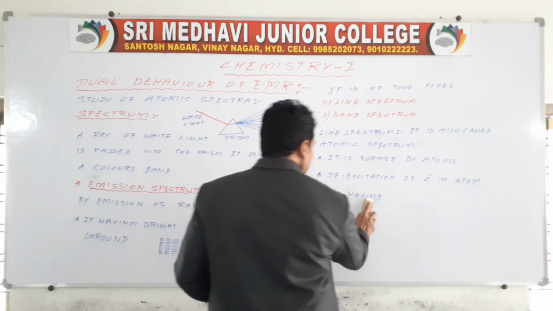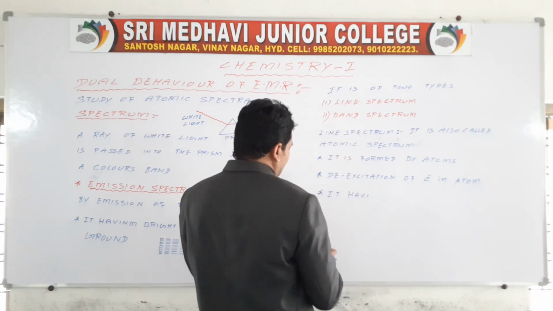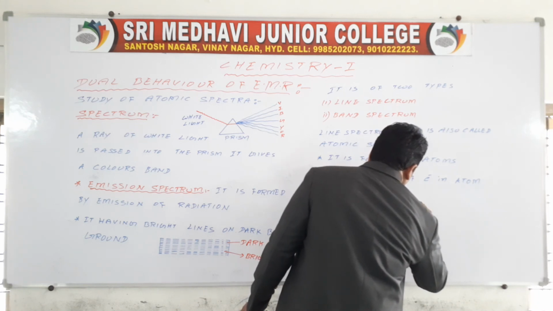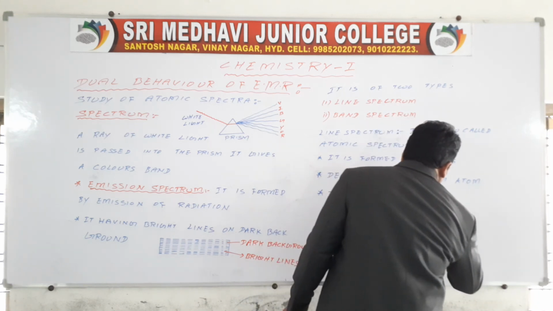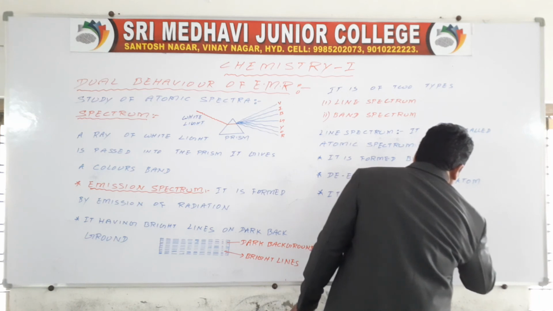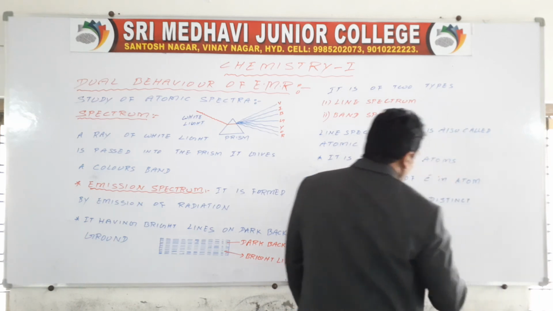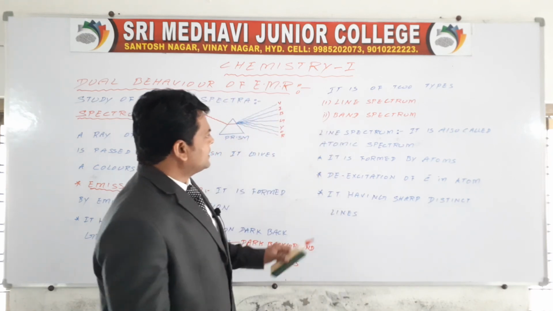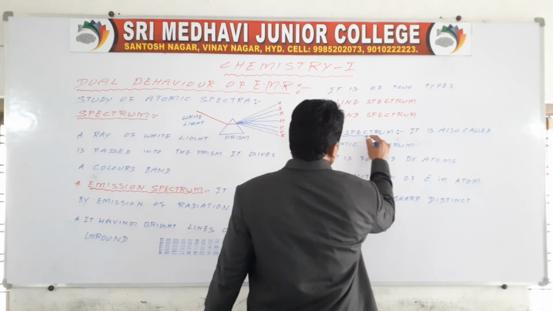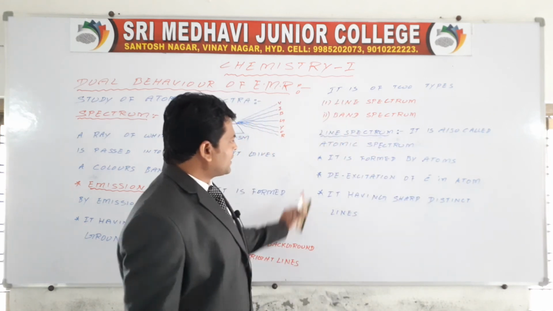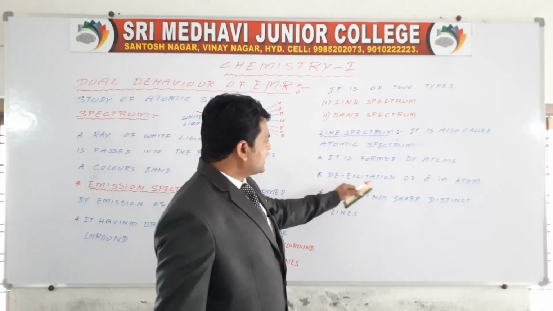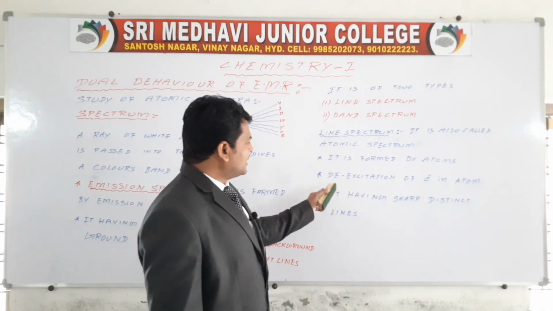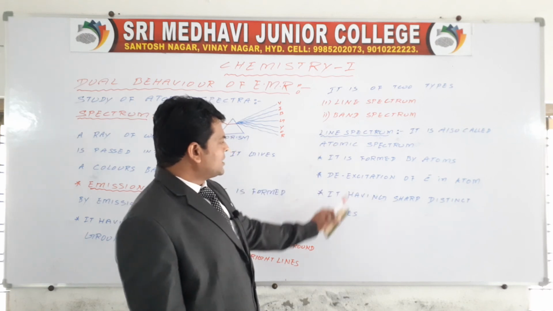It has sharp, distinct lines, D-I-S-T-I-N-C-T. So it is a line spectrum. It is also called atomic spectrum. It is formed by atoms. Due to de-excitation of electrons in an atom, a line spectrum is formed.